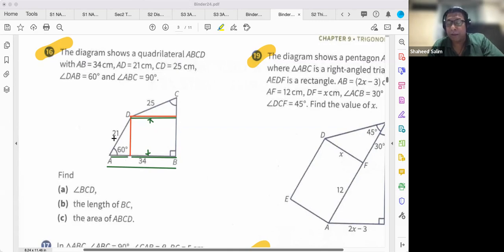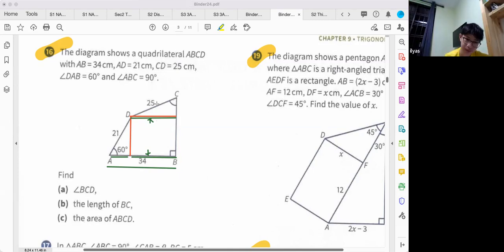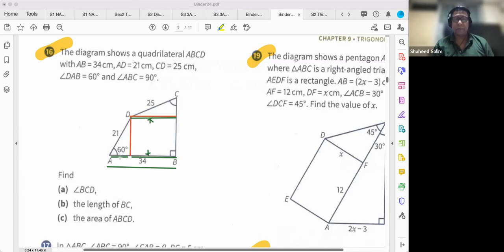So you find that. Once you have found that, you got this. Now you need to use sine from here. Sine is equal to opposite over hypotenuse. Can you try to find that? 23.5 for this one.